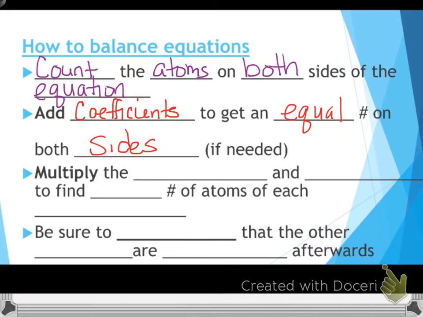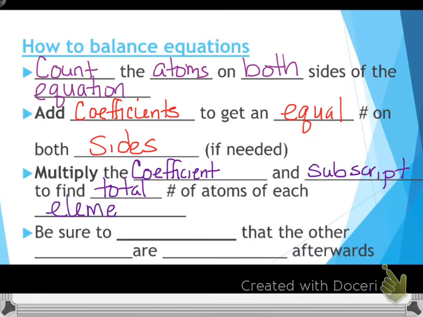But sometimes when you add a coefficient there, it changes what you need on the reactant side because of finding a common factor. So you're going to multiply the coefficient and subscript to find the total number of atoms of each element.